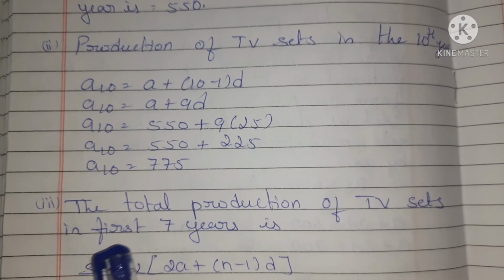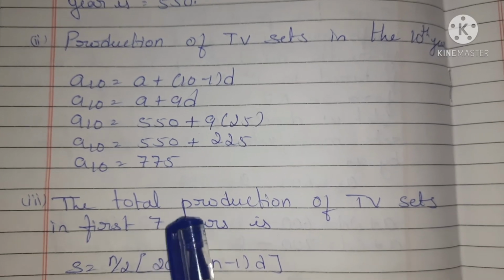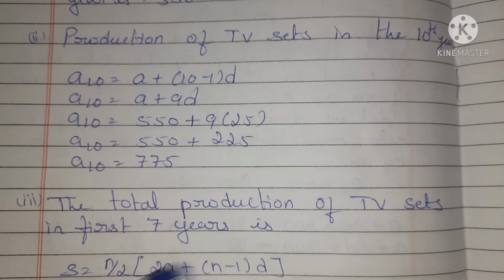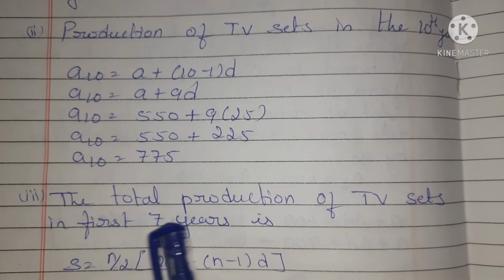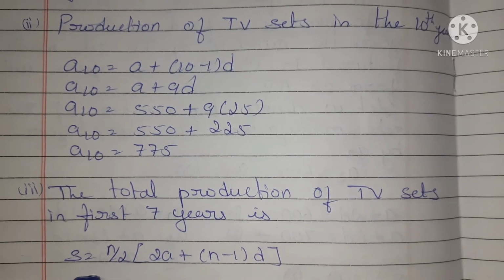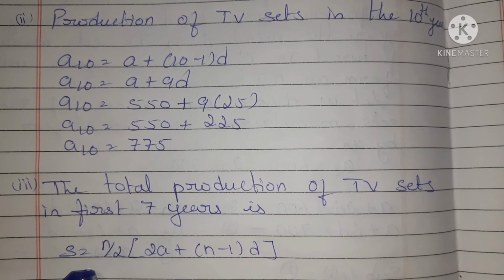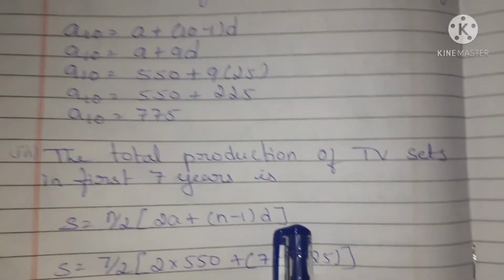Now the third one: find the total production of TV sets in the first 7 years. In the first 7 years they are asking total production. That means we should take the sum of n terms formula. S is equal to n by 2 into 2a plus n minus 1 into d.